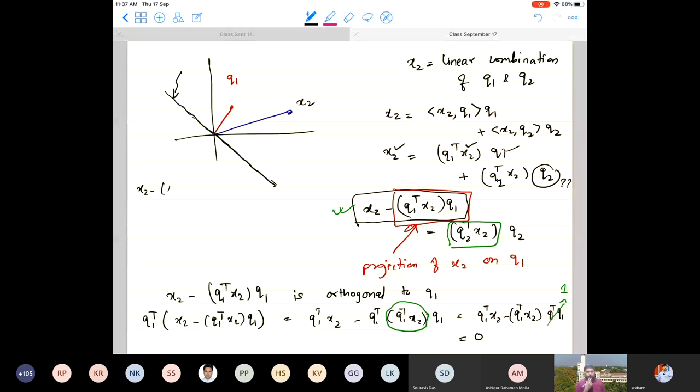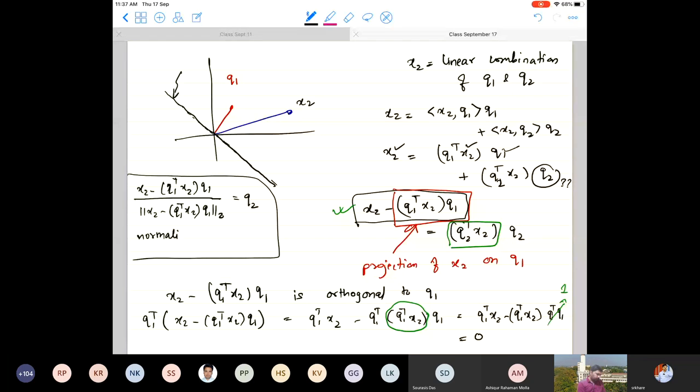This is the normalization process. Is that okay? I hope the algorithm is clear, what we are really trying to achieve. I hope this is clear to all of you.